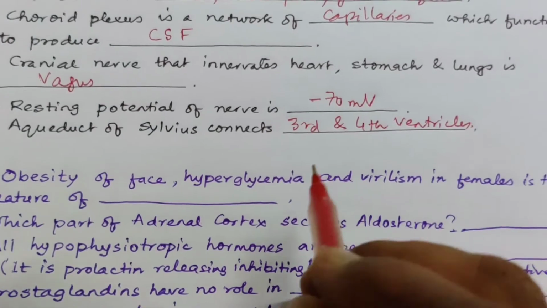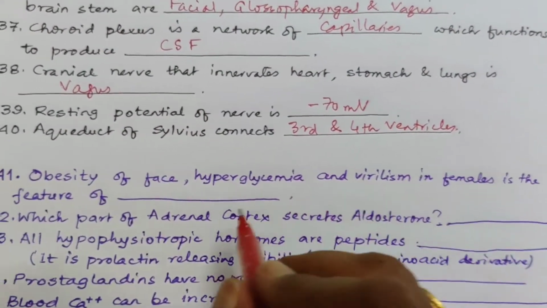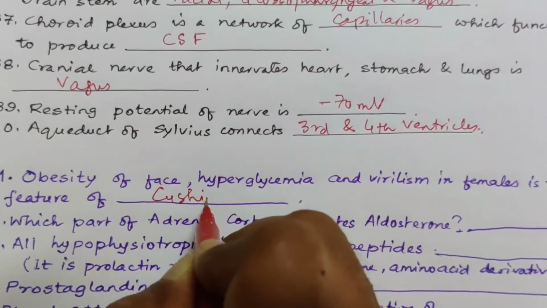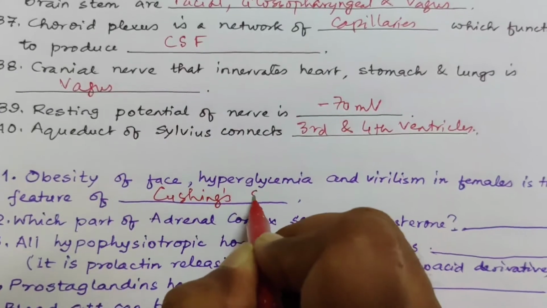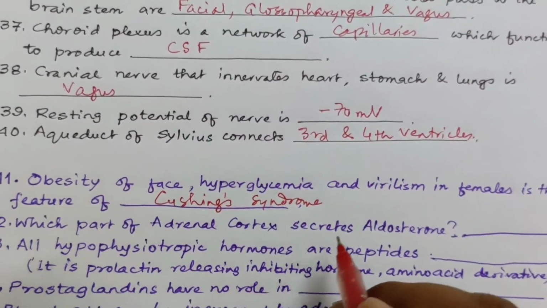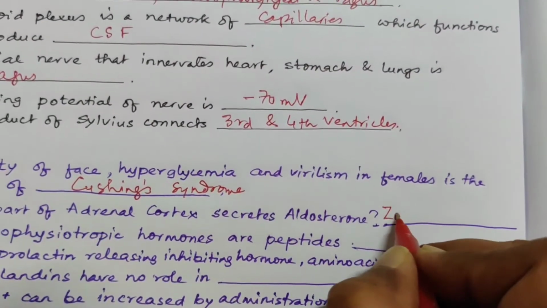Obesity of face, hyperglycemia and virilism in females is the feature of Cushing syndrome. Which part of adrenal cortex secretes aldosterone? This is zona glomerulosa.